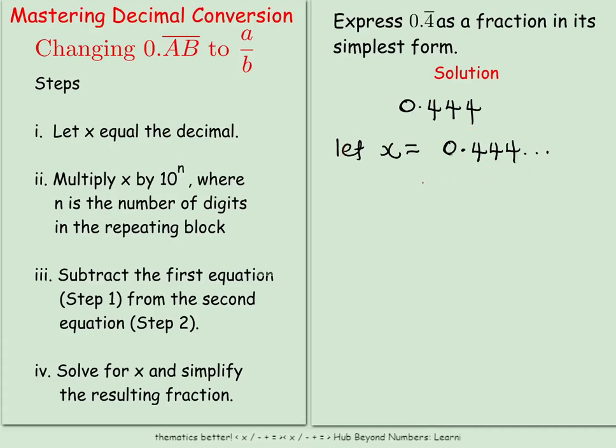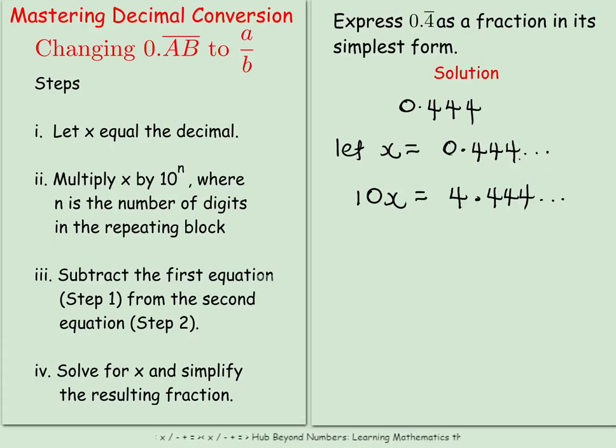You see? So what I'm going to do is multiply x by 10. If I multiply x by 10, I'm going to get 10x. And if I multiply all of this by 10, it just moves my decimal point once to the right hand side, so that I have 4.444. We can still write 4.444 because the decimal is non-ending.